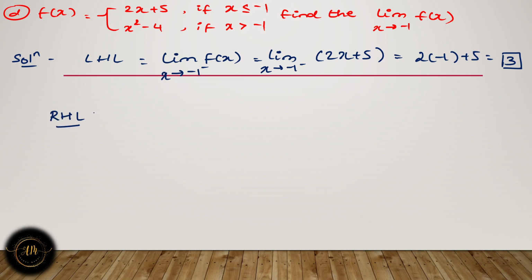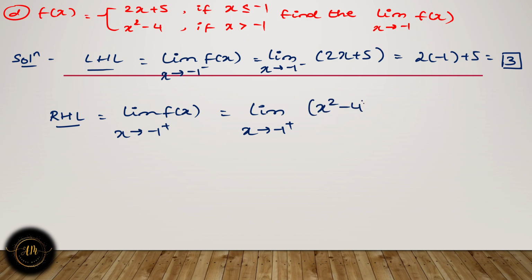Your right hand limit says like this: limit of f of x as x tends to -1 plus, from the right side. What is it from the right side? It is x square minus 4. So (-1) the whole square minus 4, which is equal to -3. So does the limit exist or not?